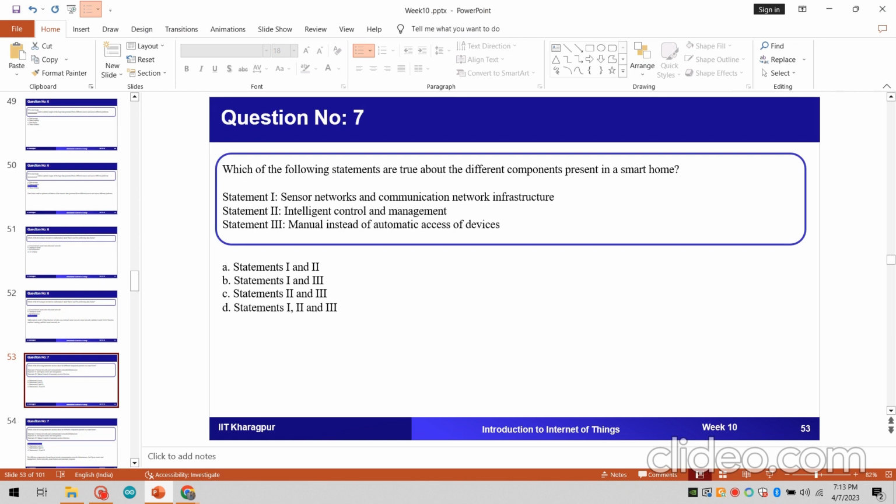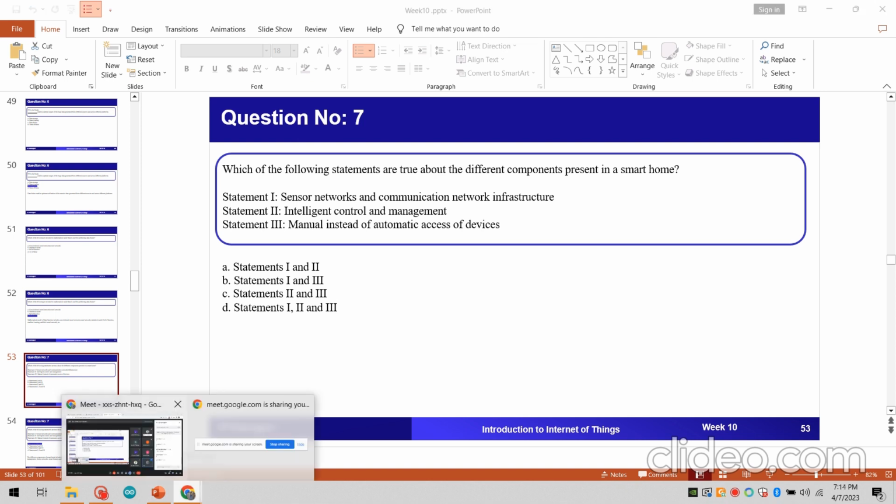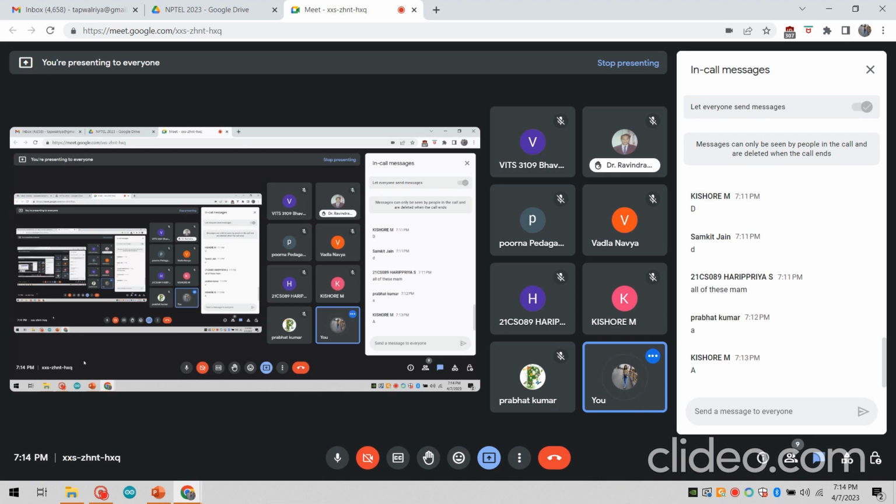Statement 3 is saying that there is manual instead of automatic access of devices in your smart homes. So A is saying that statement 1 and 2 are true, B is saying 1 and 3 are true, C is saying 2 and 3 are true, and D is saying 1, 2, 3 all are true. So I have got 2 A. Others also please reply.